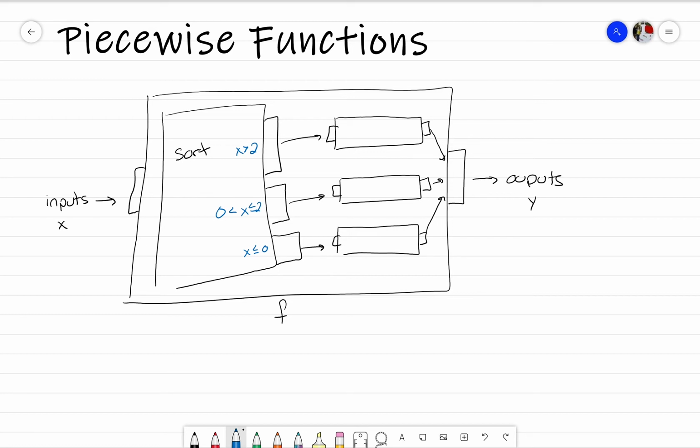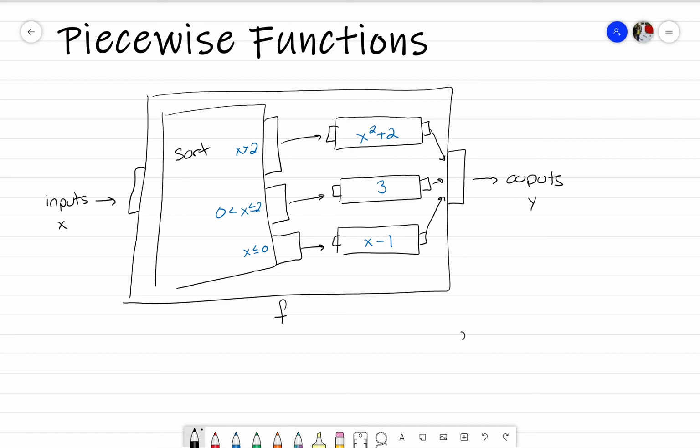It's either bigger than 2, or it's less than or equal to 2 but bigger than 0, or it's less than or equal to 0. And so each of these boxes gets its own function machine. So let's say the first one is x squared plus 2, and maybe the second one is just the constant function 3, and maybe let's make the last one a linear function, x minus 1.